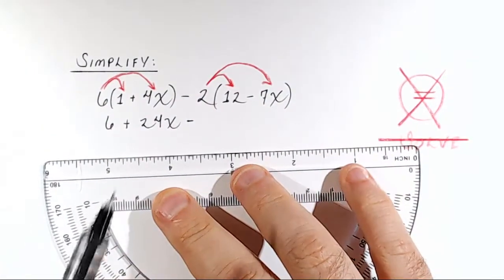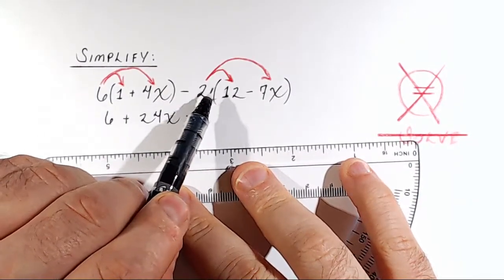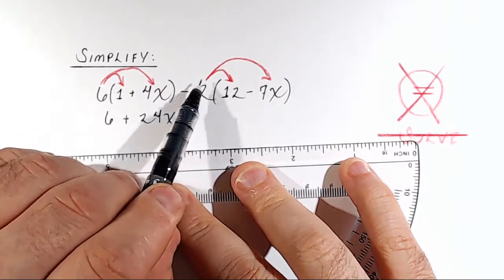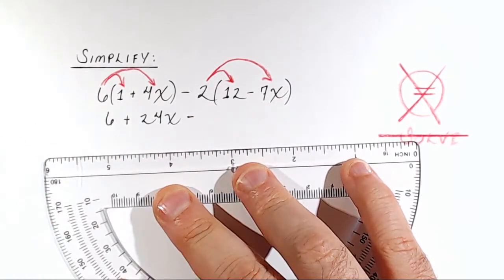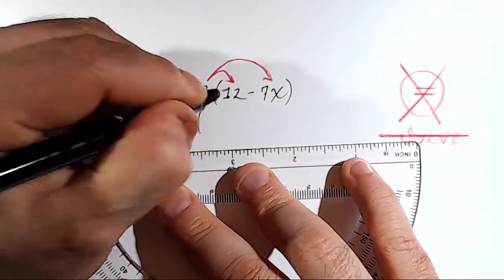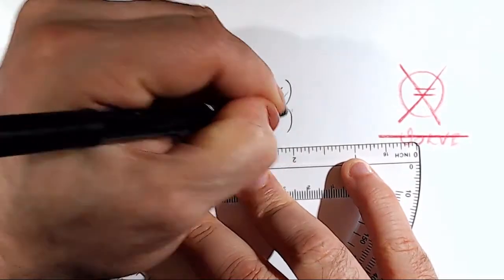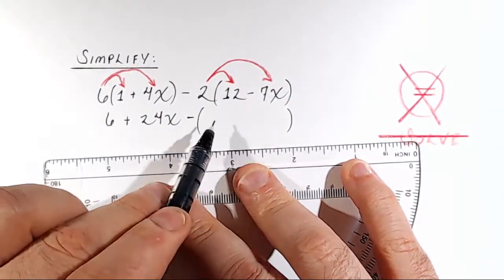We are going to multiply 2 times 12 and 2 times negative 7x, but we want to make sure that this whole thing is kept inside a parentheses, okay?